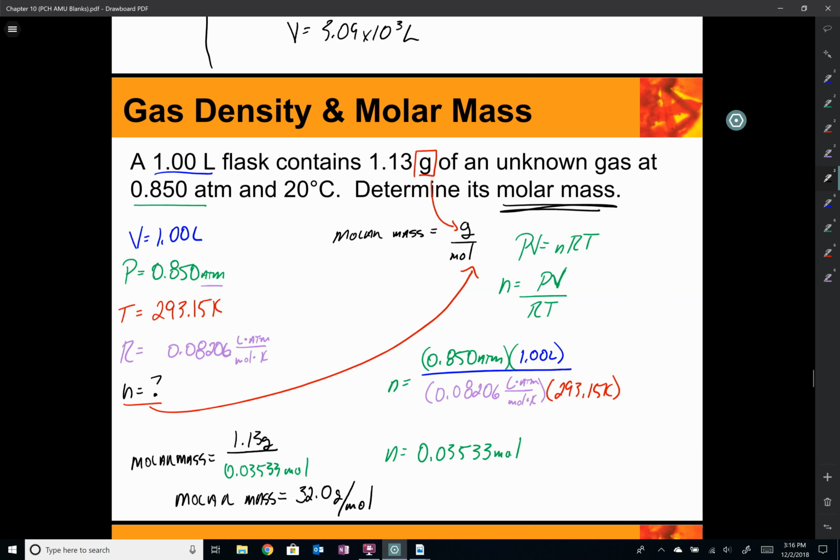And the only gas that we know of so far, or one of the most common ones that we know so far, with 32 grams per mole is O2. So our molar mass is 32, and this is probably oxygen, what we're dealing with here.